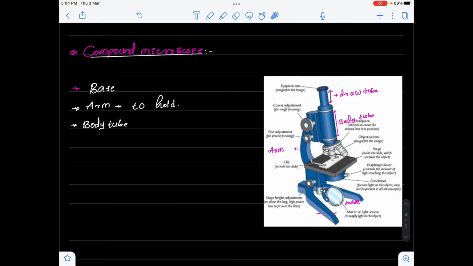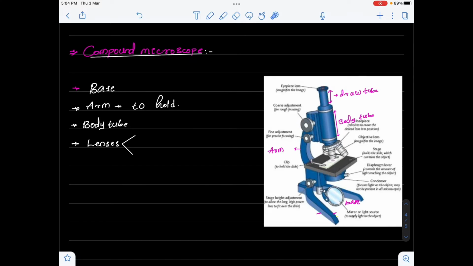And another important point of this compound microscope is lenses. Here in this compound microscope, two types of lenses are present. One is present at the top of this draw tube.